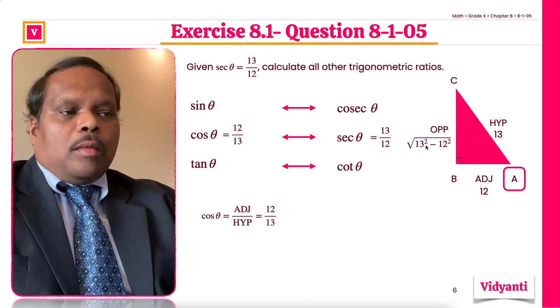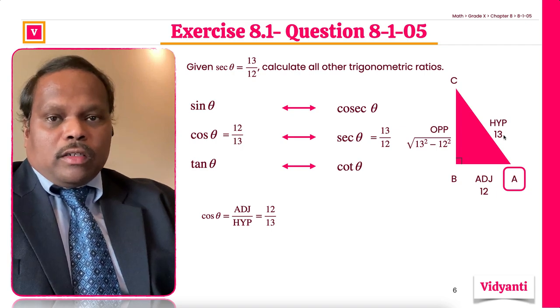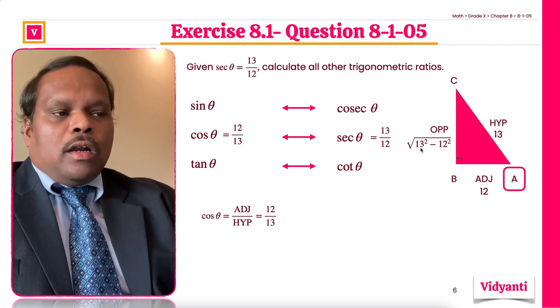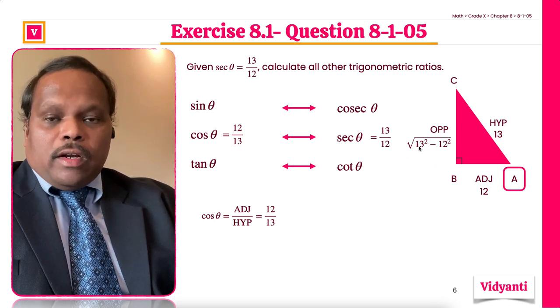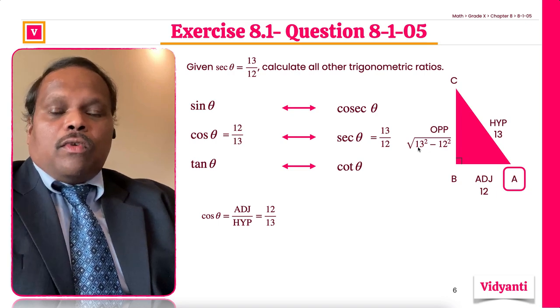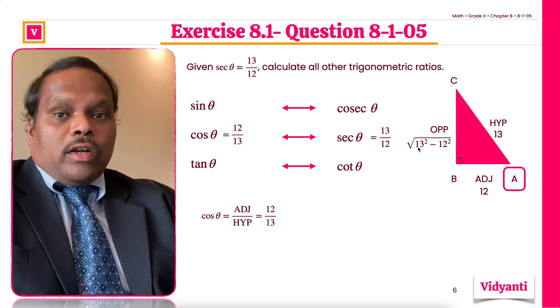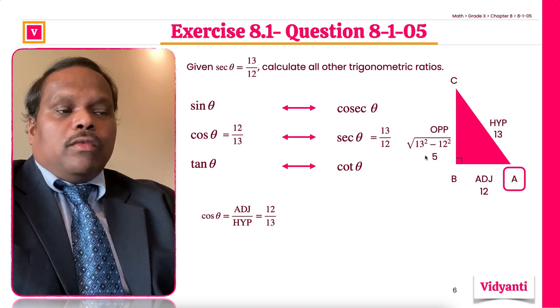So opposite is the square root of the difference of squares: 13 square, which is coming from hypotenuse, minus 12 square, under root. 13 square is 169, 12 square is 144. Their difference is 25, so the square root will be simply 5.